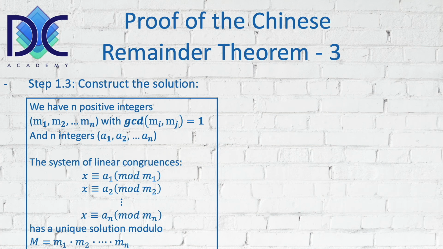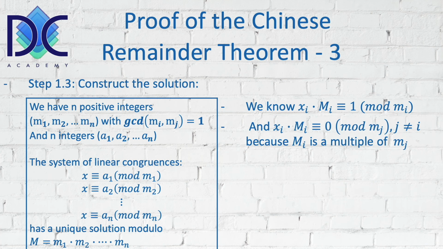Now, the third step in constructing the solution is, first of all, we know that xi times capital Mi is congruent with 1 modulus mi.